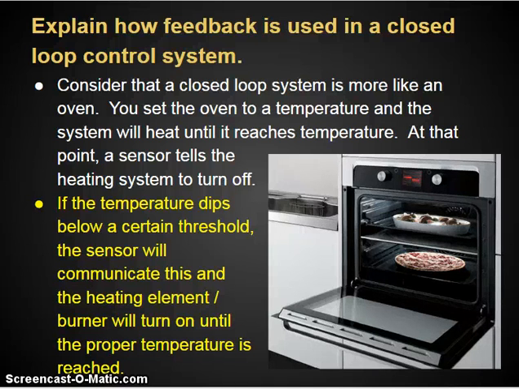It heats up the internal enclosure, and when it gets to 350 degrees, it stops applying heat. There's a sensor in there that says, okay, we're at temp, turn off the heat, and it relies on the insulation and the mass of the actual unit to retain the heat. If the temperature dips below a certain threshold, it'll turn the heating element back on and bring the temperature back up to 350 degrees. That's a closed loop system.